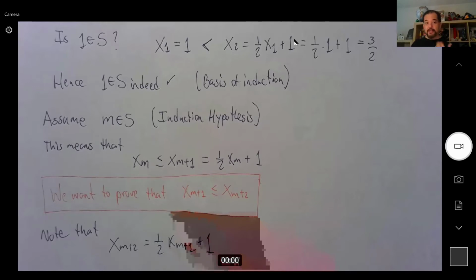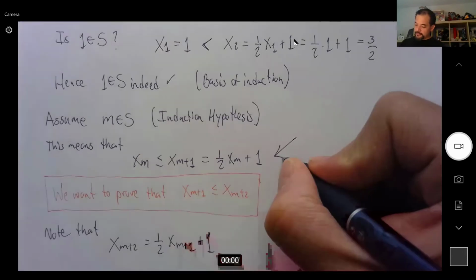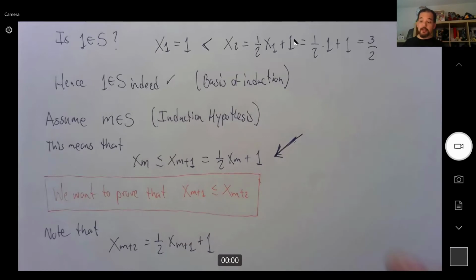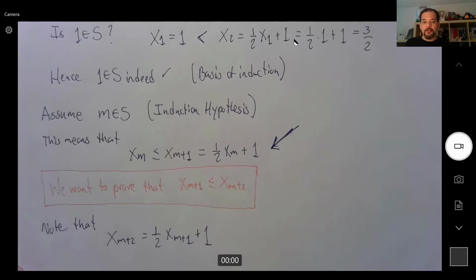And it would be nice if at some point I use this, right? I better use this, otherwise that means I'm not using my hypothesis. And sometimes you can do it, but then it's not really a proof by induction. It means you could have proven your inequality without using the previous one.